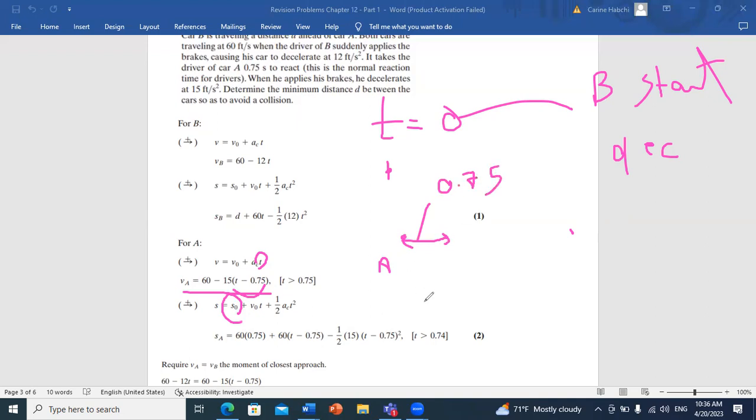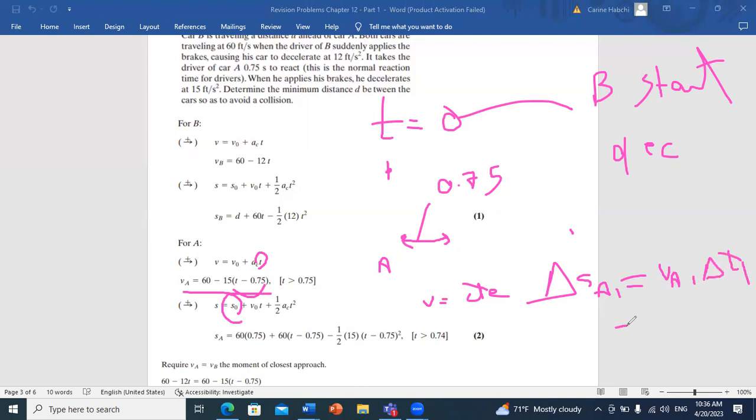We know that for constant V, delta S of A for phase 1 is equal to the constant velocity VA in phase 1 times delta T, which is the reaction time of phase 1.